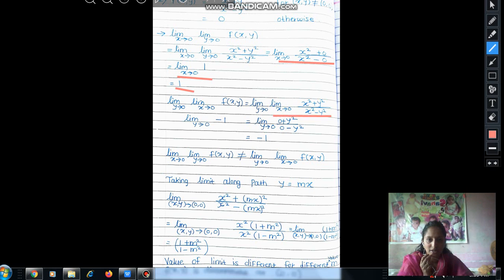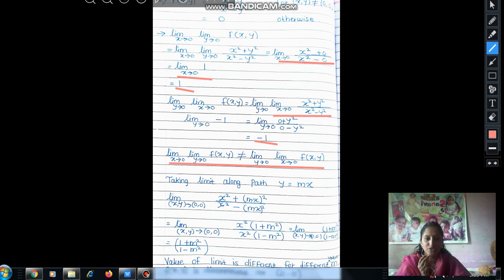First calculating this limit only, putting x equal to 0, only limit y tends to 0 of y square upon minus y square remains, which is minus 1. And limit y tends to 0 of minus 1 is minus 1. That is, the iterated limits are not the same.